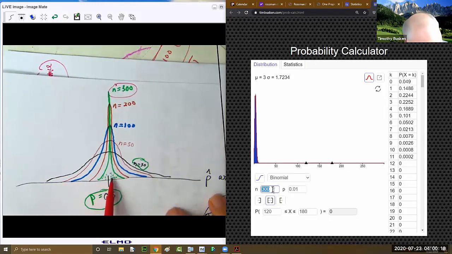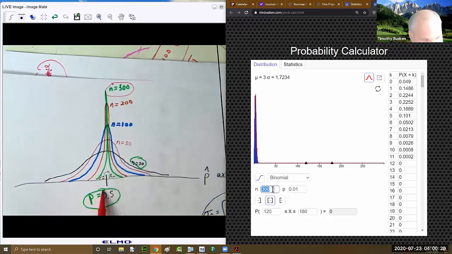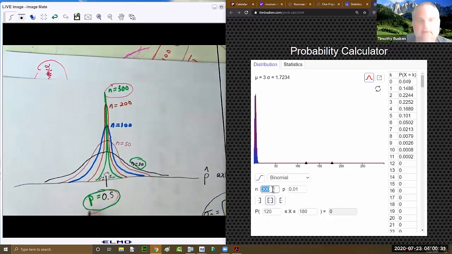Remember, this is just a dot plot of the entire collection of sample percentages, and most of these sample percentages are going to pile up closely around the actual value of p.